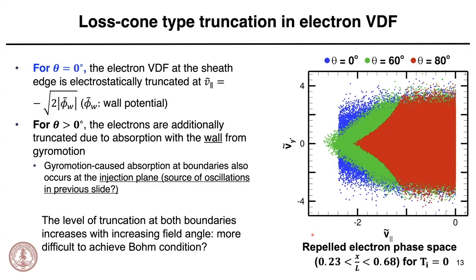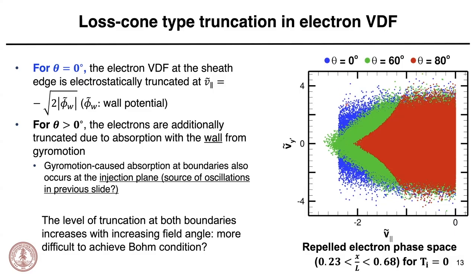And so what I'm showing here now, focusing on the electrons from that flat region, is all the electrons that were repelled by the sheath for different field angles. First we can see, just to confirm, how it normally works in the non-magnetized case: for a field angle of 0, you essentially recover the non-magnetized work.